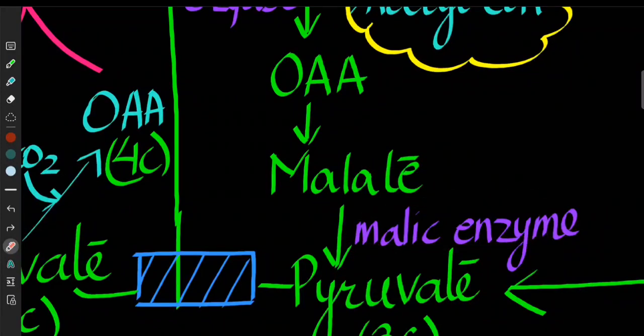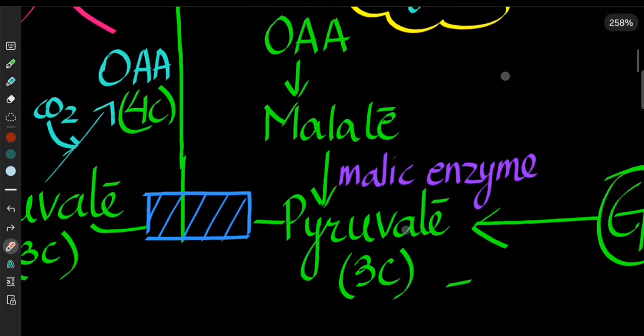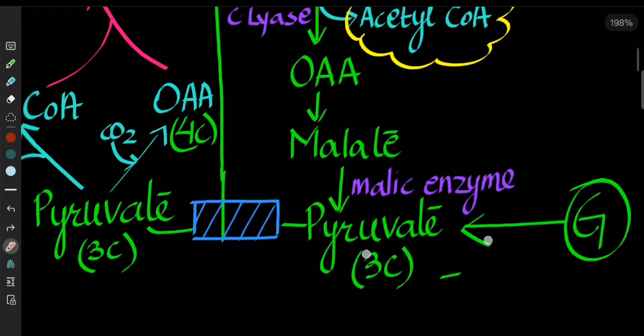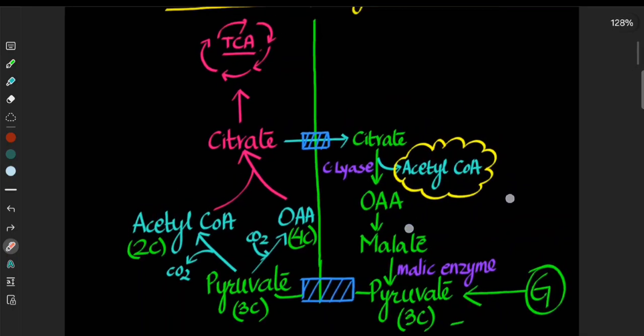So 1 carbon will be removed from the malate, and finally the pyruvate will be formed, and this can undergo the same process like the same pyruvate over here, right? So this is about the cycle of pyruvate.